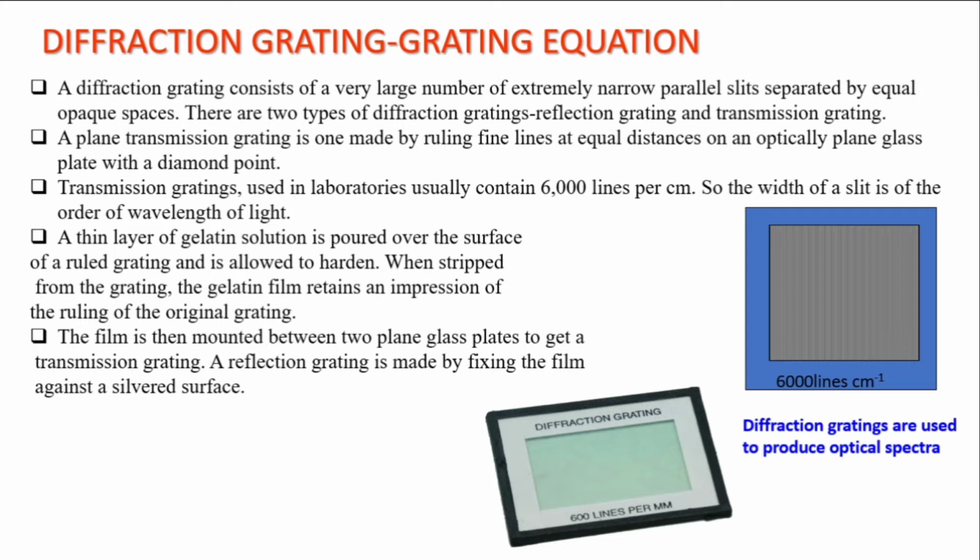A reflection grating is made by fixing a film against the silvered surface. This is the grating that we have in our laboratory for doing our experiment. It's what a grating looks like.